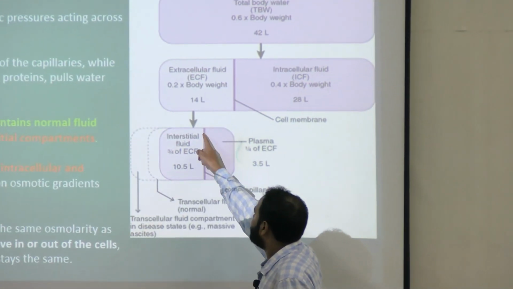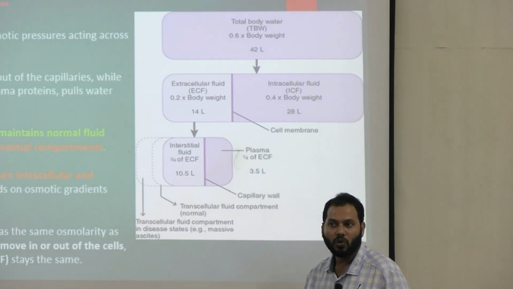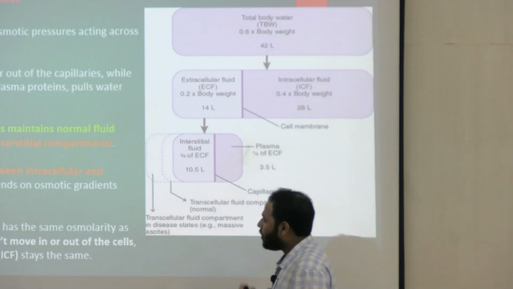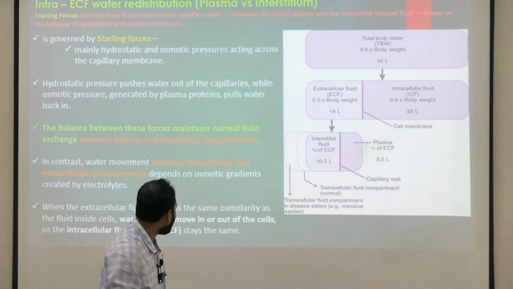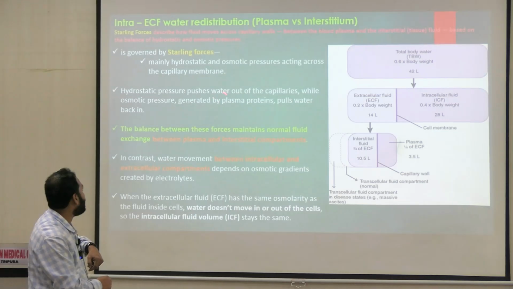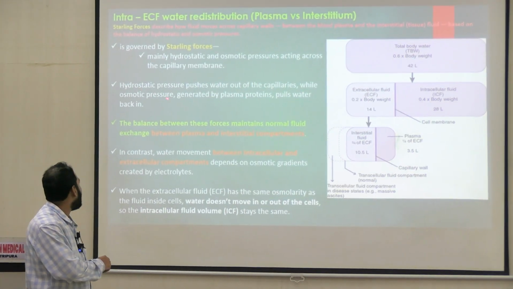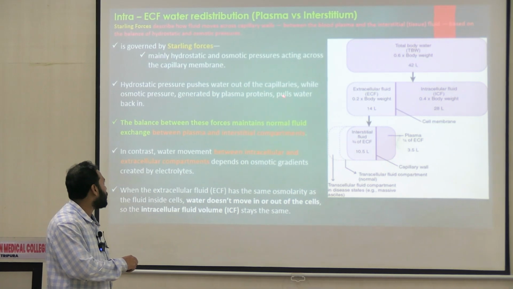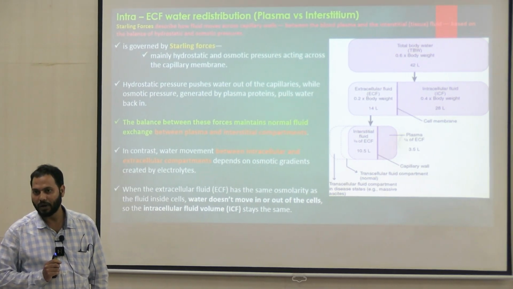And there is a capillary membrane or capillary wall, right? So how does this capillary wall act here? A specific pressure called hydrostatic pressure pushes water out of the blood capillaries, while osmotic pressure generated by plasma proteins pulls water back into the plasma fluid, right?